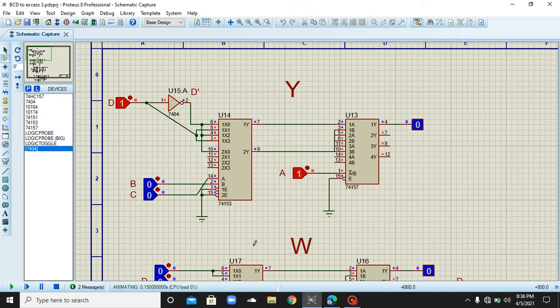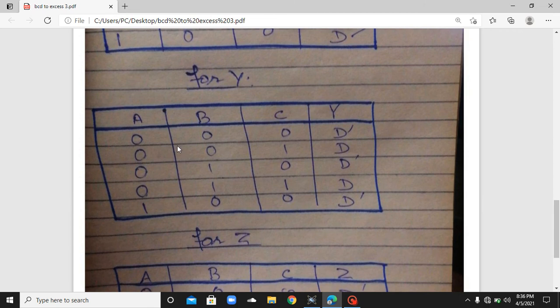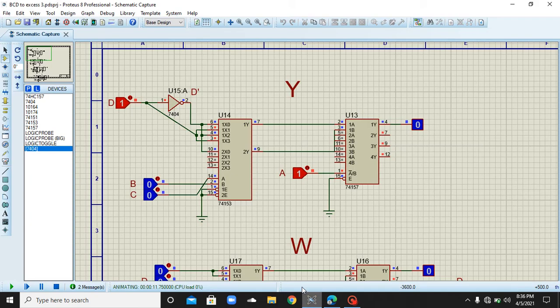If I run this circuit for Y, for Y, if A, B, C are at 0 state, the output I will be getting will be the complement of D. So if A, B, C are at 0 state, the output which I am getting is 0, which is the complement of D, which you can see over here in the simulation.